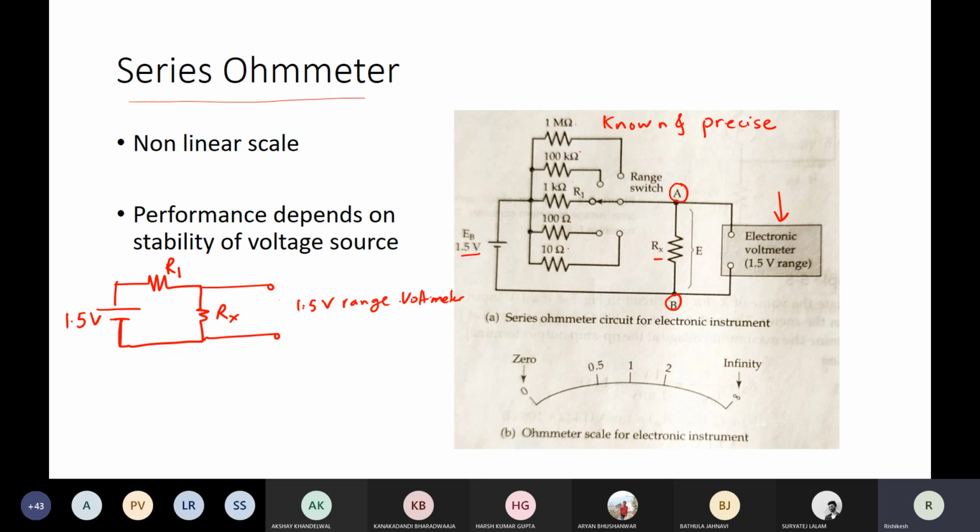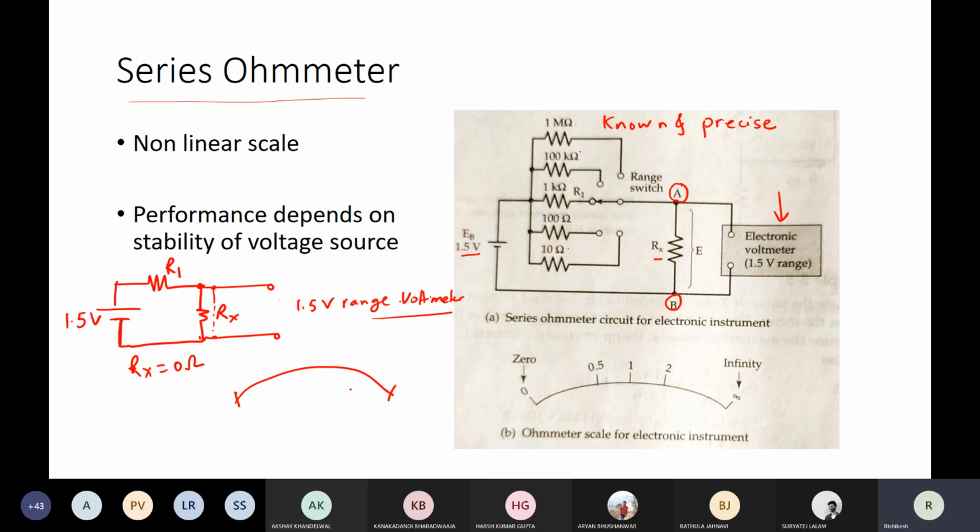If you remember our previous discussion on resistance measurement, in order to calibrate the voltmeter in terms of an ohm meter, in terms of resistance, we have to have two readings. One is by shorting these two terminals together, corresponding to Rx equal to 0 ohms. The output voltage will be 0.